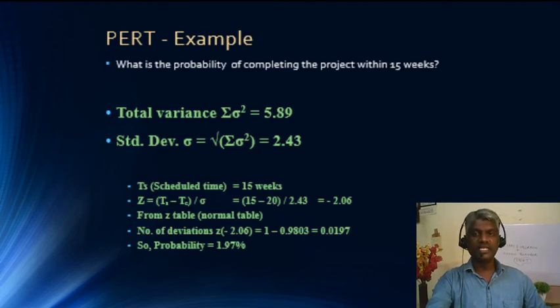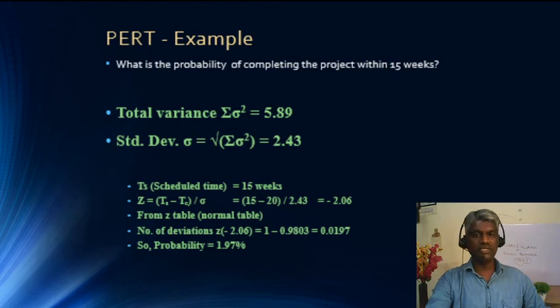Straight away we can take the probability as the same value. But when the scheduled time is less than the estimated time, we have to subtract the value from 1. So 1 minus 0.9803 is 0.0197, or in other words, the probability of completing the project within 15 weeks is just 1.97%. So the fifth question is also solved.